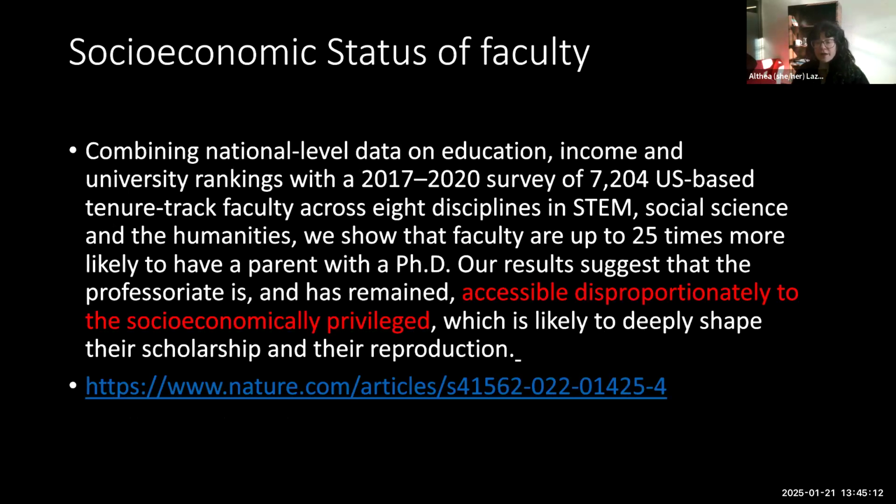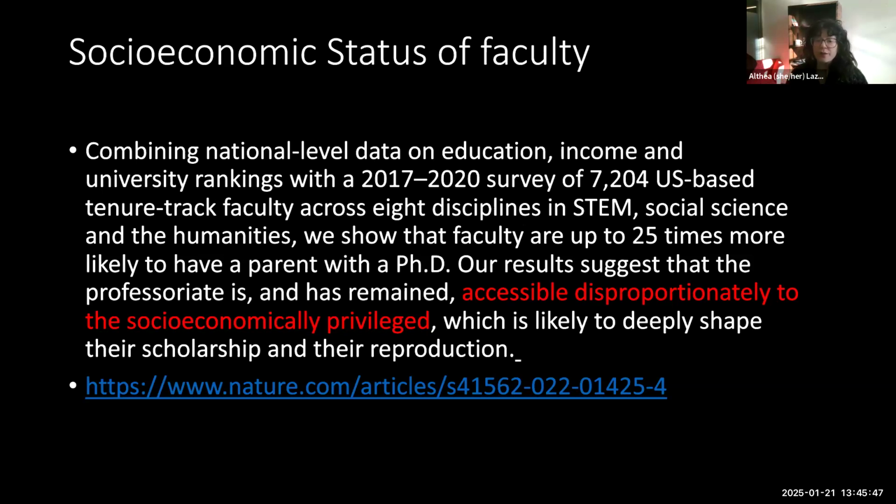When you look at the socioeconomic status of faculty, the difference between faculty demographics and the general population is even more stark. Combining national level data on education, income, and university rankings with a 2017-2020 survey of 7,204 US-based tenure-track faculty across 8 disciplines in STEM, social science, and the humanities. This is from the article that I've got linked here to Nature, and I'll include these slides with the lecture so that you can look at this research if you'd like to.